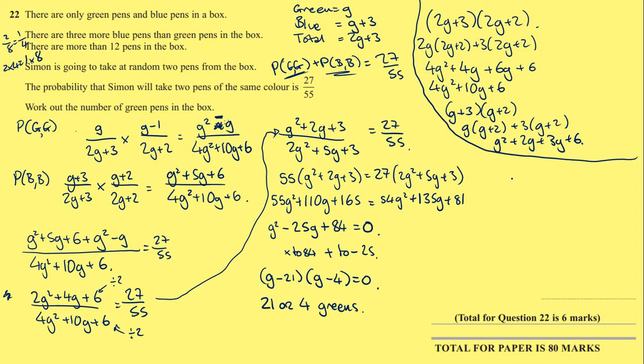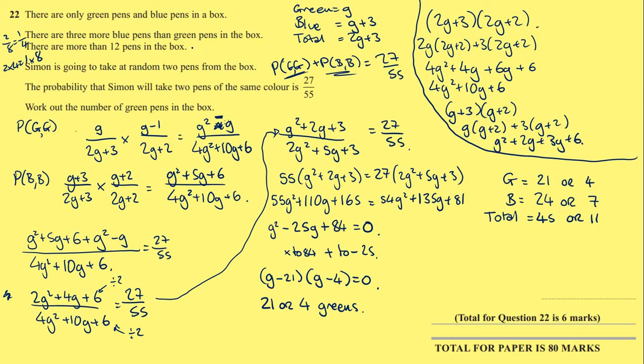Now, we said that there were either 21 greens or 4. If there are 21 greens or 4 greens, then there would be 3 more blues, so that's 24 blues or 7 blues, which means in total there would be 45 pens overall, or 11 pens overall.